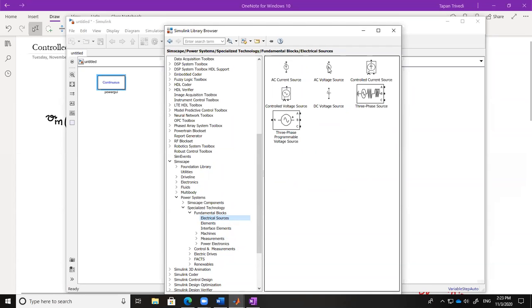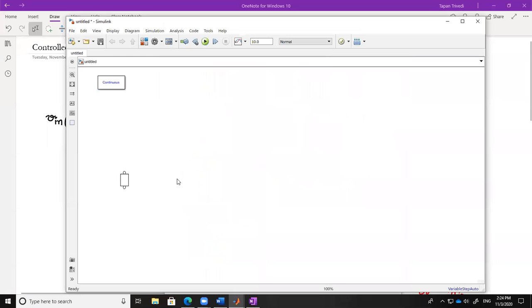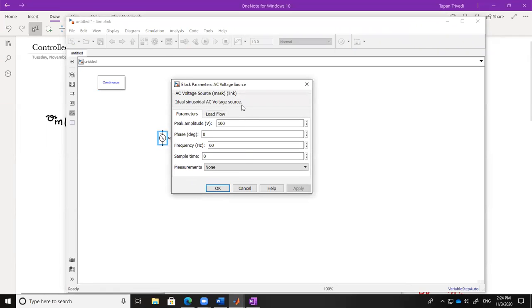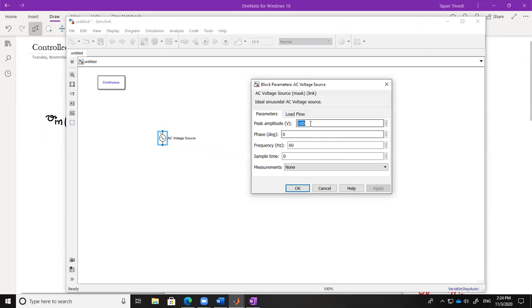Now I will bring the AC voltage source and define its parameters. Peak amplitude will be 230 times square root of 2, that means probably 320, I can write 320 also.